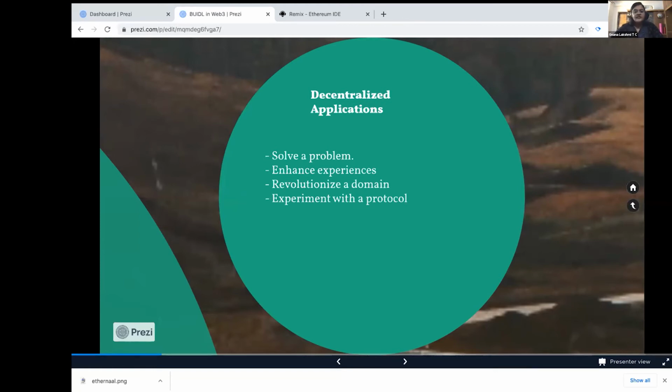Now the third, and I have ordered it by difficulty level. The third is, suppose you see a niche domain, for example the manufacturing domain. There are some manufacturing factories or companies that are still very unfamiliar with what is web3.